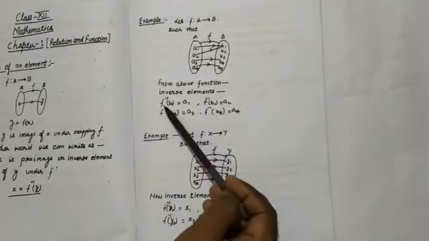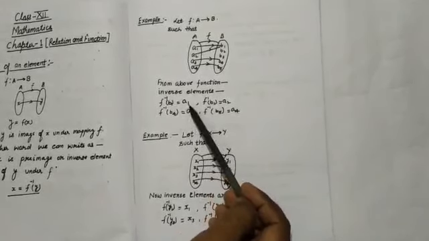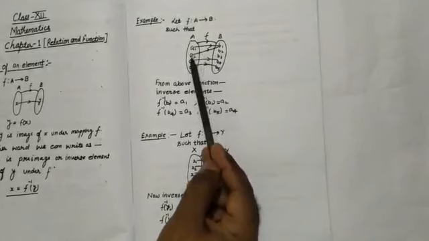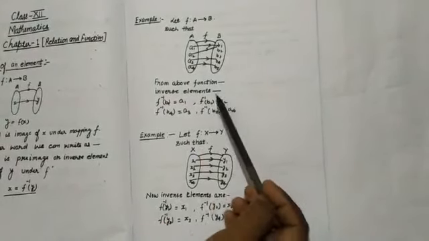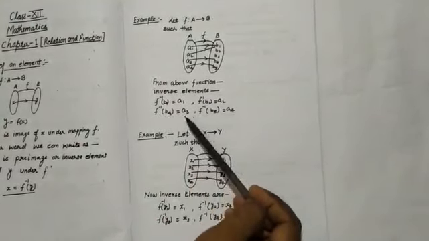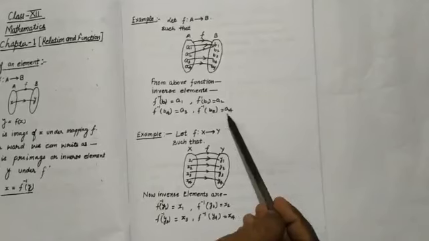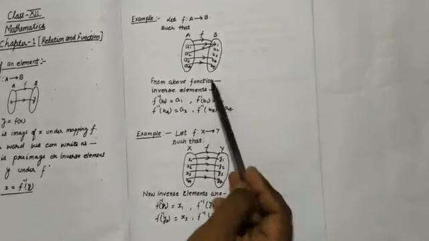You can write f inverse b1 is equal to a1. b1 is also associated to the element a2, so f inverse b1 is a2. b4 is associated to a3, so f inverse b4 equals a3. f inverse b5 equals a4. These are the inverse elements of the corresponding elements.